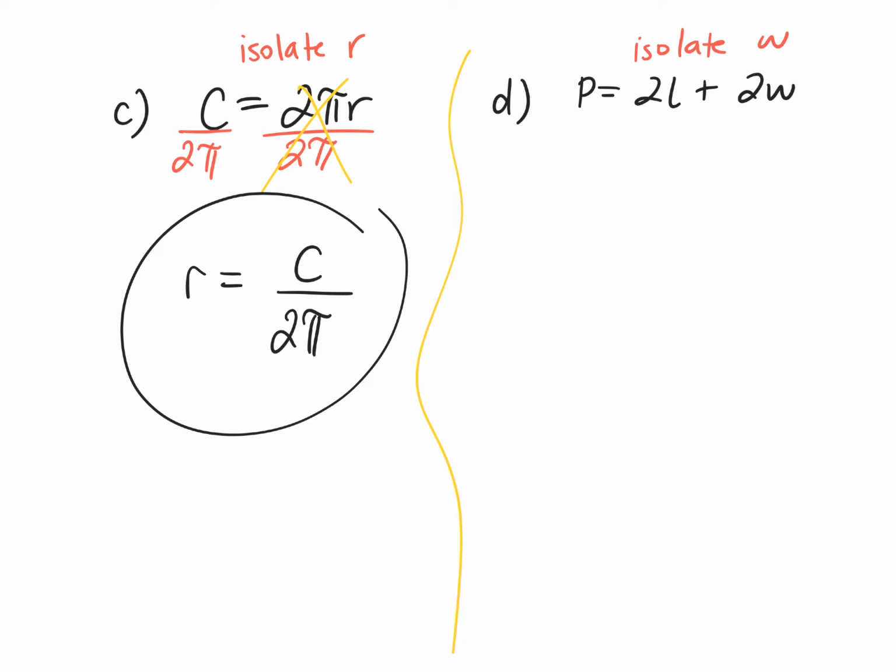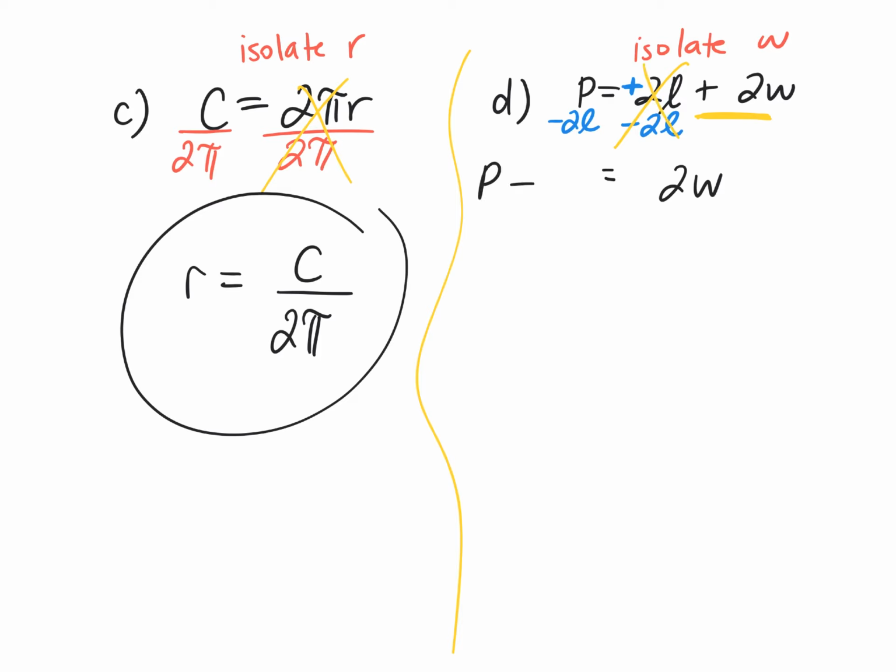First, you need to get rid of, because it says plus 2L, it's positive 2L, this is an L, plus 2W. The first thing you need to do is get the 2W by itself. So what's the opposite of plus 2L? Minus the 2L. That's the first step, okay? So I have to minus the 2L here. So this is the first thing you're going to get rid of.